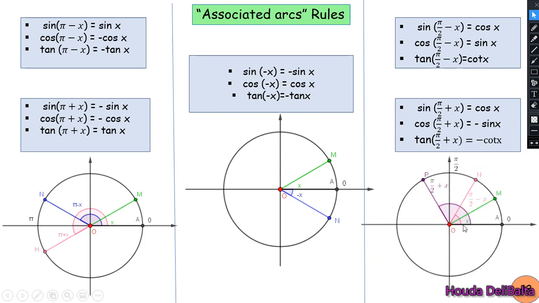Here is the green acute angle x. The pink one represents pi over 2 minus x, which is, as you see, in quadrant 1. And the purple one represents pi over 2 plus x, which, as you see, is in quadrant 2. And this is, to sum up, all about associated arcs.